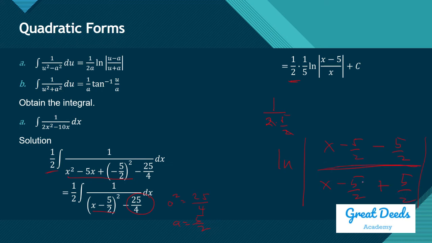This one is equal to x minus 10 over 2, and that is equal to x minus 5. And this one is just equal to x. And then, of course, plus c.